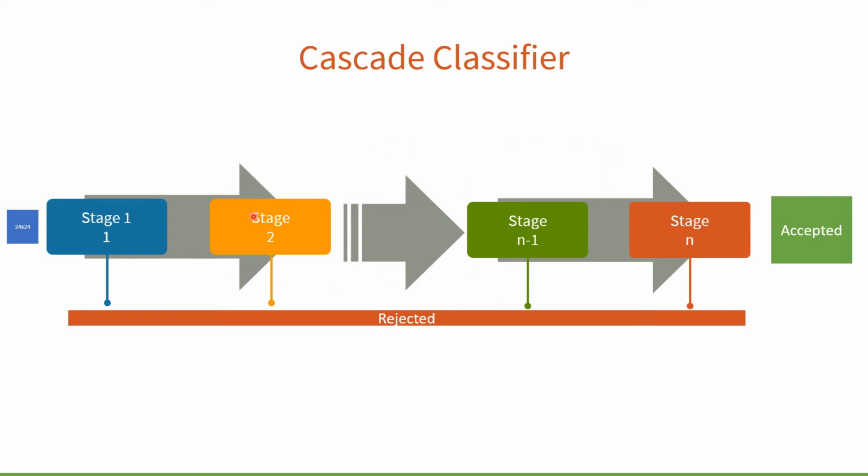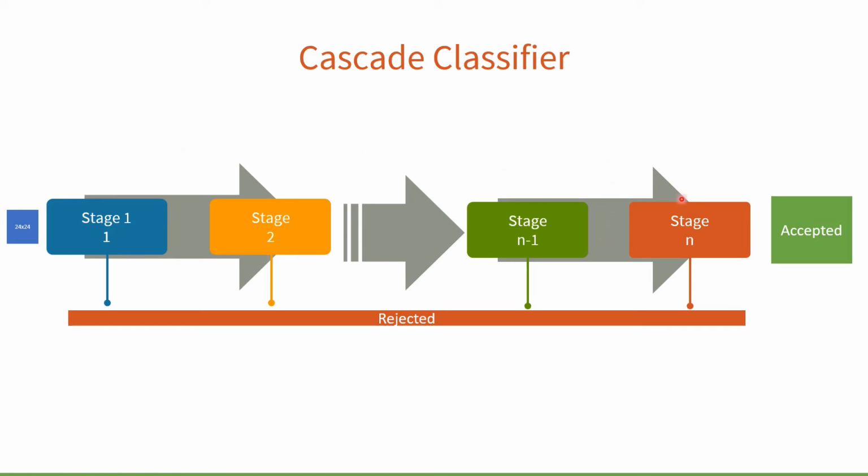Once it passes the first stage, it will go to the second stage, a simple threshold, and if it passes the second stage, it will go to the third one, like that. If the small 24 by 24 sliding window passes all of these, it will reach acceptance as a face, otherwise it will get rejected. And these are weak classifiers.